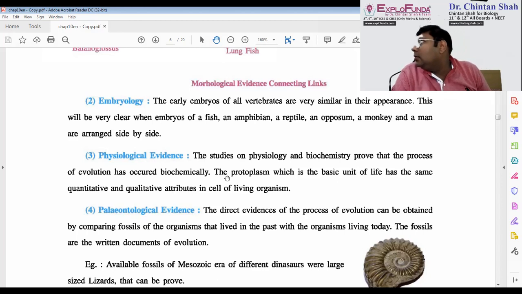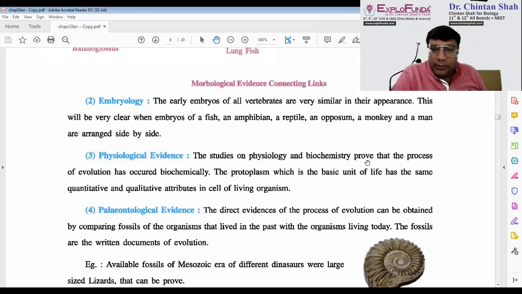Oh my God. Yes or no? Okay. So the hormone which is working in our body can act as a male sexual hormone in the case of a male frog. Yes. So that's the physiological evidence, showing that we have some similarities.